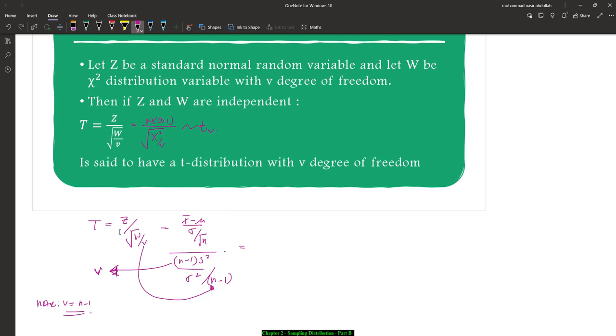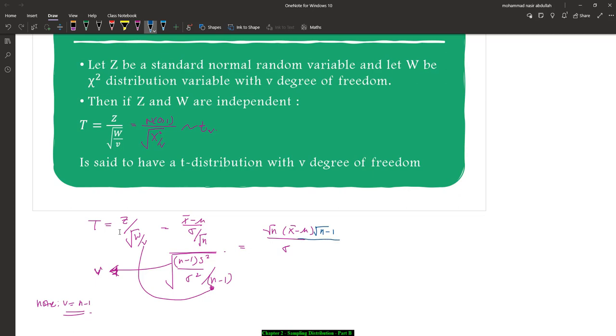we bring it up, let's say this one we put square root of n x bar minus mu divided by sigma, right? And then this one, this is square root, so based on this formula, right? So n minus 1 we put on top, so this one should be square root of n minus 1.